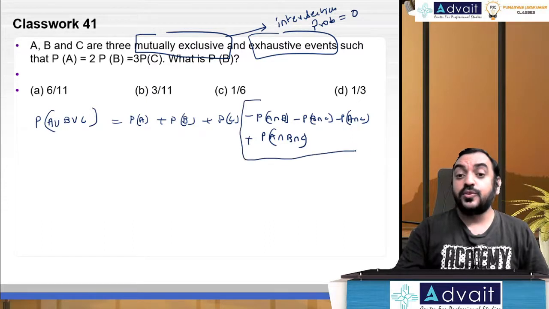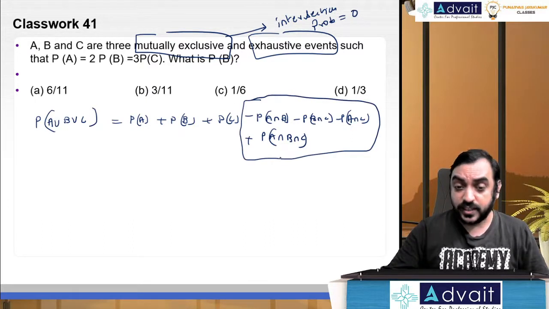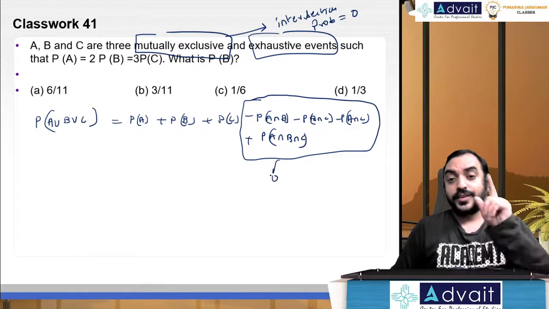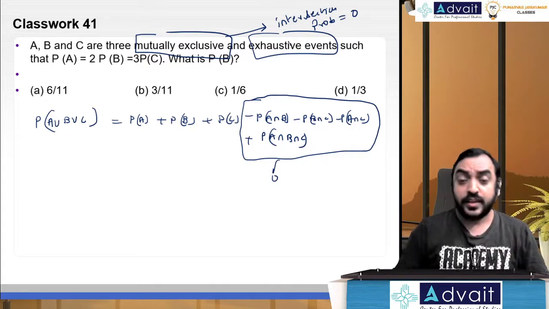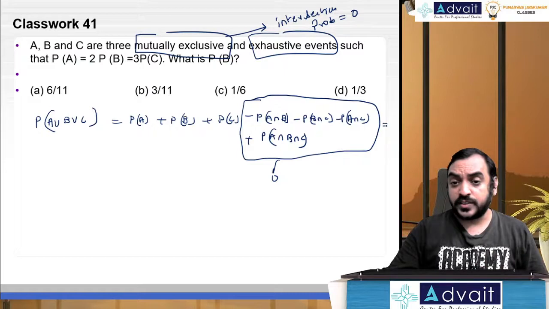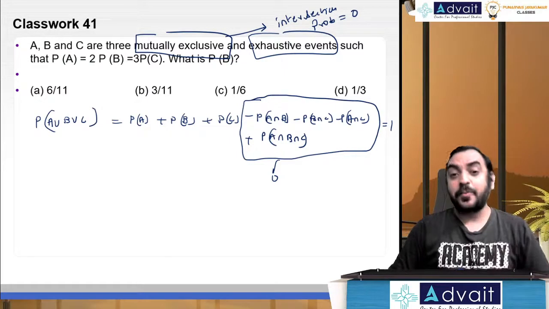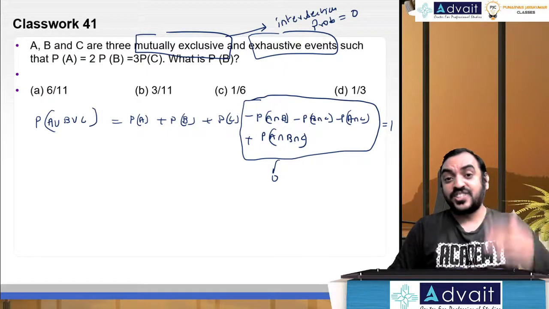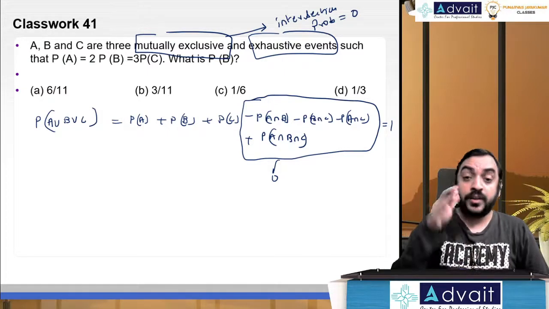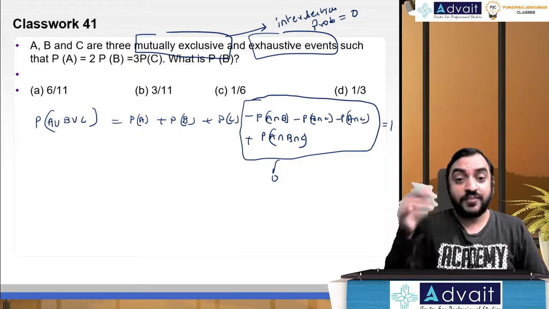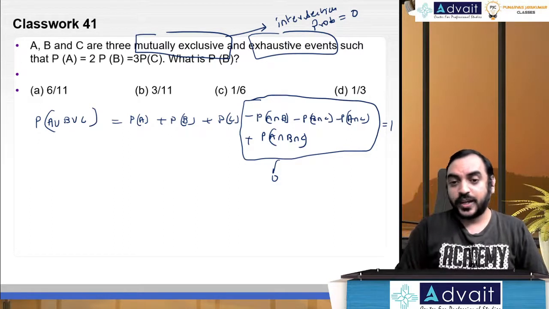But because they are mutually exclusive events, these are all 0. Then A union B union C should be equal to 1. Exhaustive events, the sample space will happen. That means it is a sure event. So union set probability in this case is 1. Not every time, in this case it is 1.